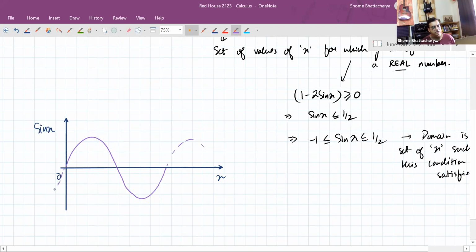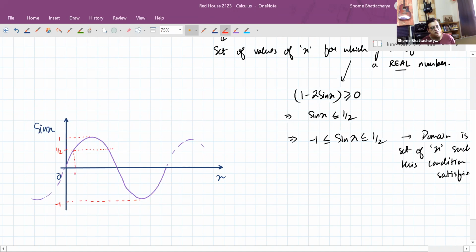Before also it's repeating. So generally speaking, sin x ranges between -1 and 1. But here we want it to be restricted to less than or equal to half. So we don't want these values in between that are going beyond half.